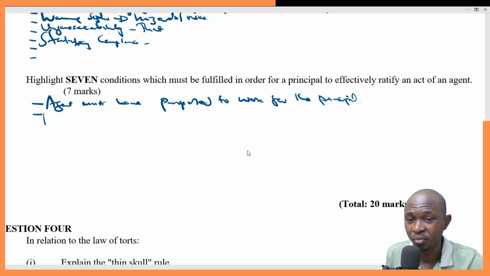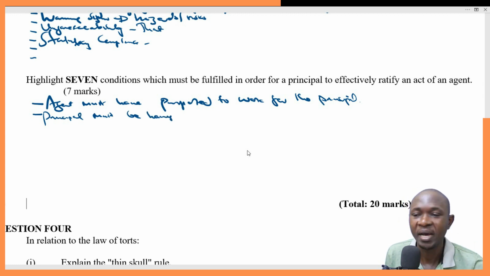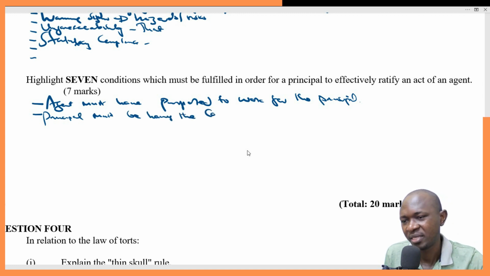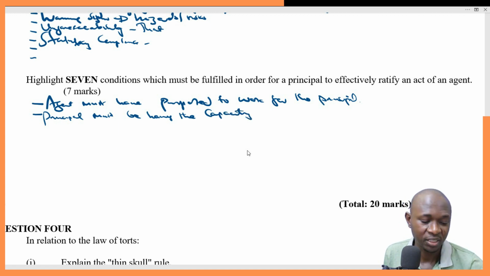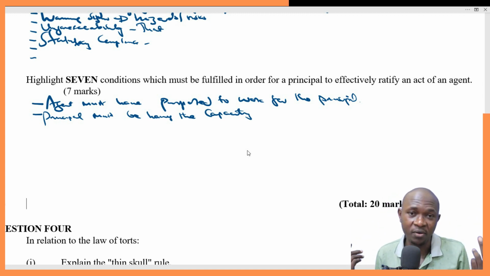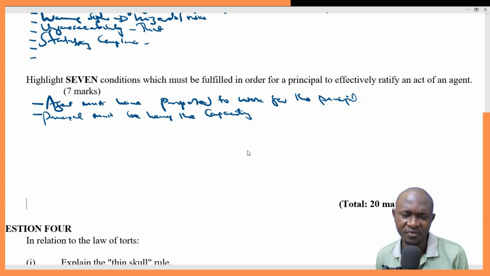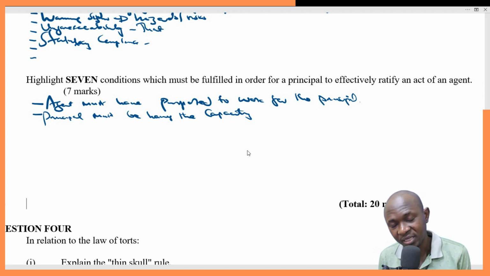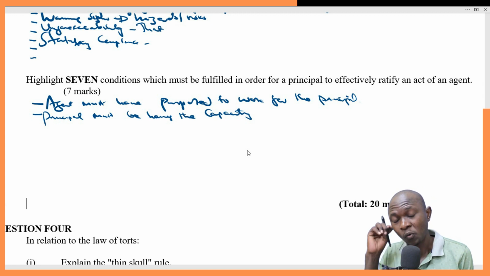Then the principal must have the capacity to enter into a contract at the time the agent entered into that contract for the principal to ratify. Otherwise, the principal cannot ratify, cannot accept a contract that has been entered into by the agent when he doesn't have the capacity to enter into that contract.